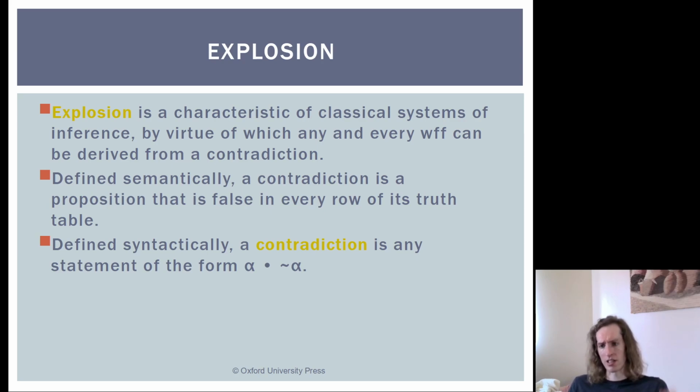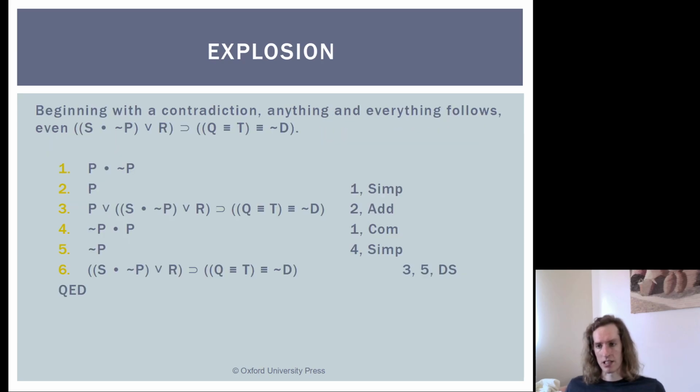Here, a contradiction is any statement of the form alpha and not alpha. So if we ever have something and its negation as being true, or we're assuming that they're true on different lines in our premises, then we can use addition to get anything out of that.